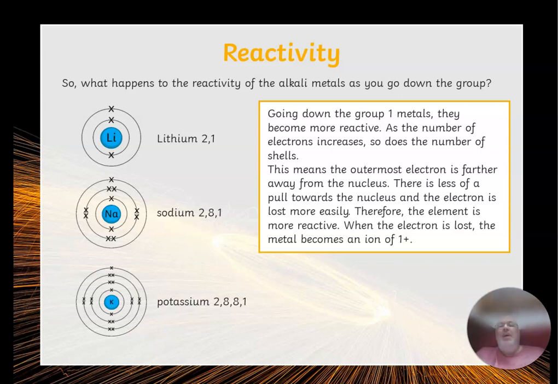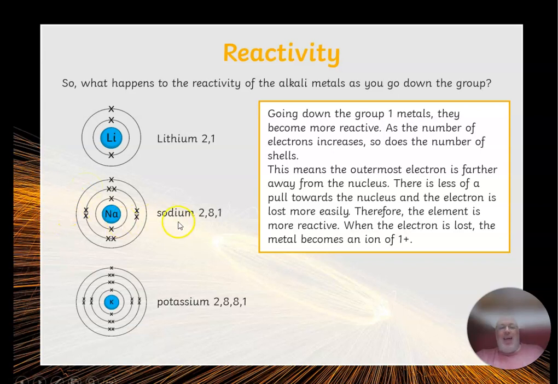Now, we've mentioned that the reactivity as we go down the group is getting greater. Why is that? Well, they're all in group 1. And when we look at their electron configuration, we can see that in each case, there is 1 electron in the outside shell.